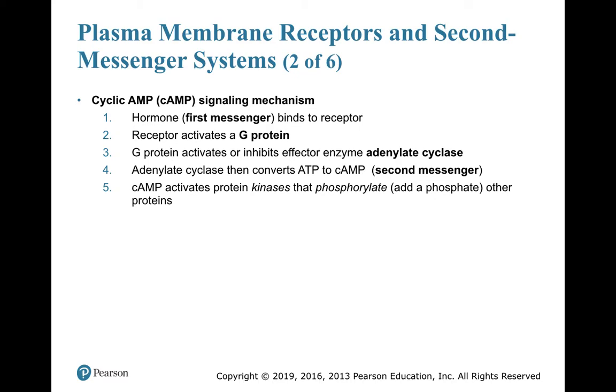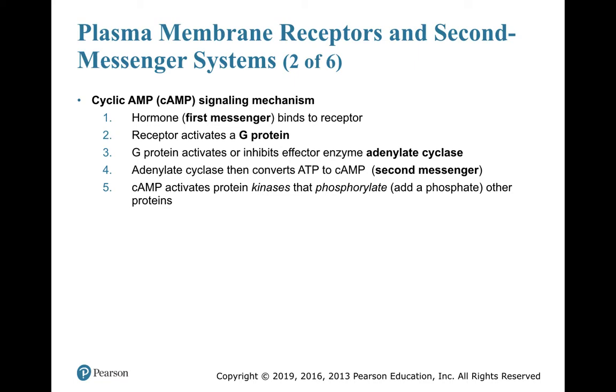In the cyclic AMP signaling mechanism, the first messenger, which is why we call it a second messenger system, is the hormone itself. The hormone binds to a receptor on the surface of a plasma membrane. That receptor activates a G protein, and that G protein turns on and off enzymes.